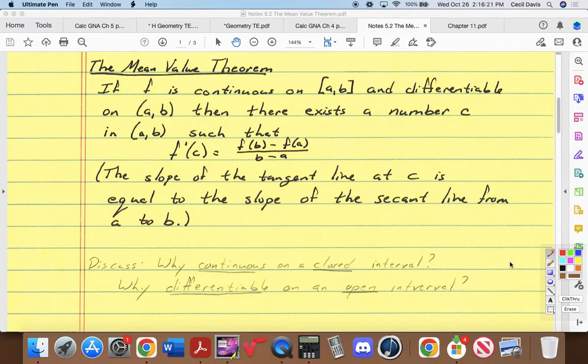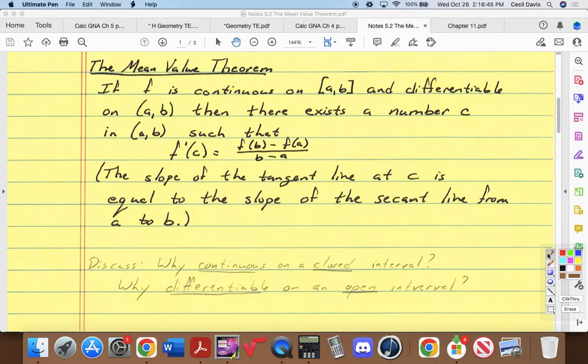It can bounce and do all kinds of crazy things at the endpoint. We don't care about that. It just needs to be smooth in between the two. If those two things are true, then there's got to be a place in between the two where the derivative, which is the instantaneous rate of change, is equal to the average rate of change.